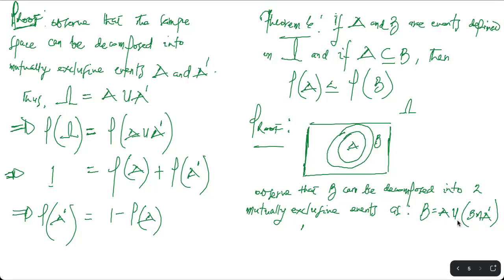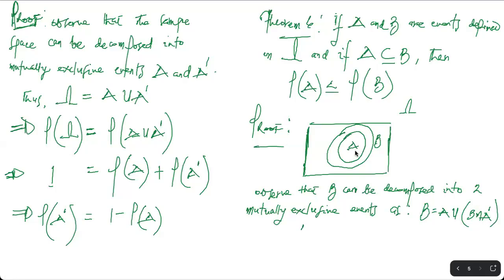So that's our target. Now, we know that A is the entire inner circle. So we need something else to add on to A in order to arrive at the full circle B. Now let's take a look at this expression, B intersection A prime. What is A prime?